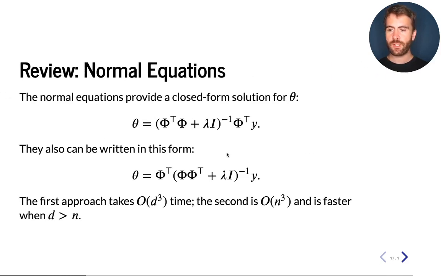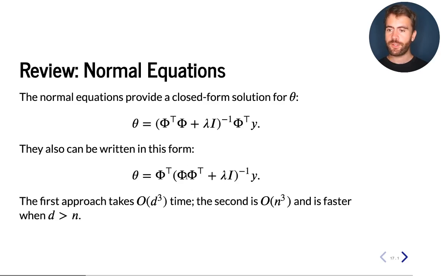And using this notation, we defined a formula for computing the parameters of a linear model, which was based on the normal equations that we saw earlier. Here at the top, you see the standard normal equations using the feature matrix phi. And then we also saw that we can rewrite them in a slightly different way, which is called the dual.